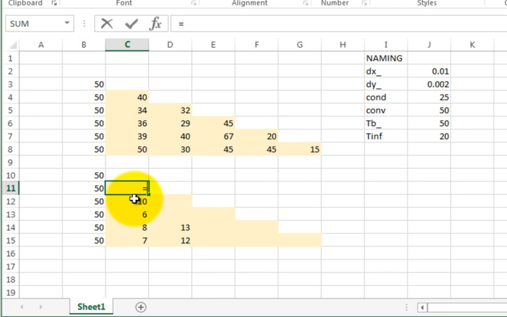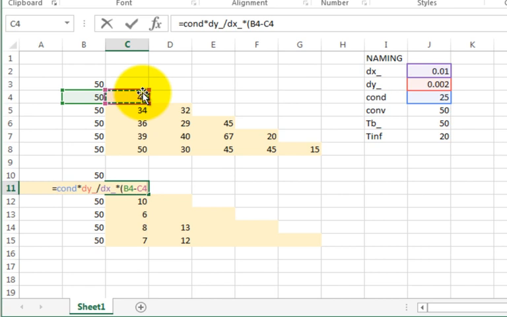Let's do COND times delta y divided by delta x times this temperature minus that temperature, close parenthesis. My L was divided by dx. dx is my L.